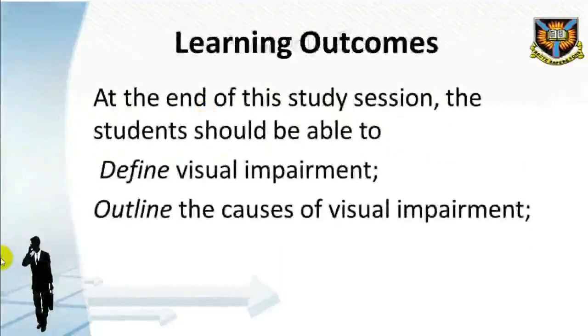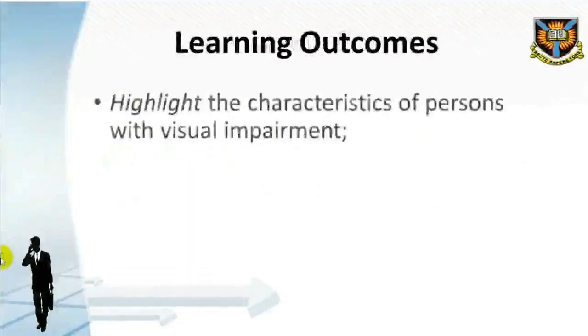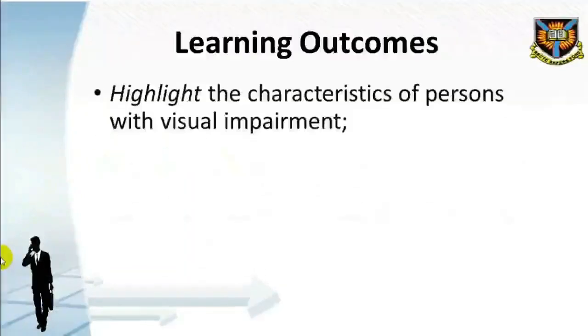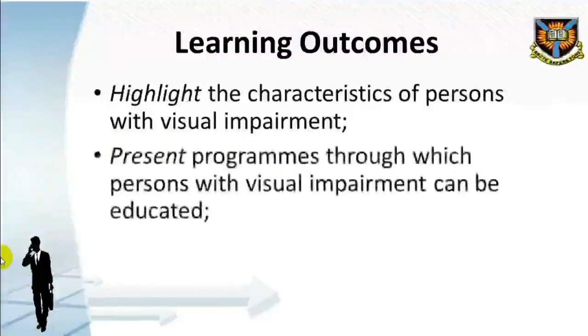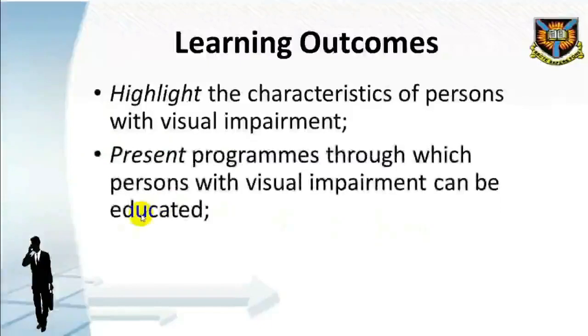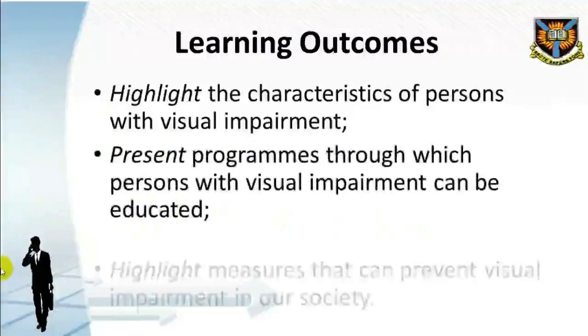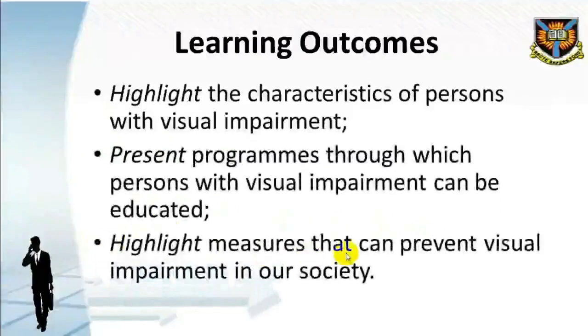Outline the causes of visual impairment. 3. Highlight the characteristics of persons with visual impairments. 4. Present programs through which persons with visual impairment can be educated. And 5. Highlight measures that can prevent visual impairment in our society.